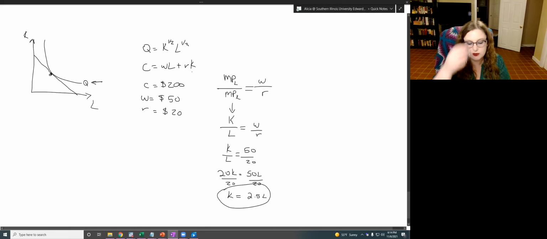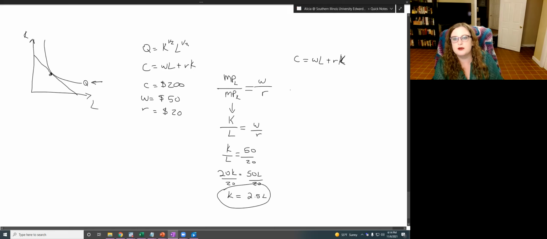Well, the next thing that we're going to want to do is understand the cost function. So we know that cost equals wage times L plus rental rate times K. Notice we now have three pieces of this equation plus a relationship. We know the total cost, I gave you that, it's going to be 200. We have 200 to spend.